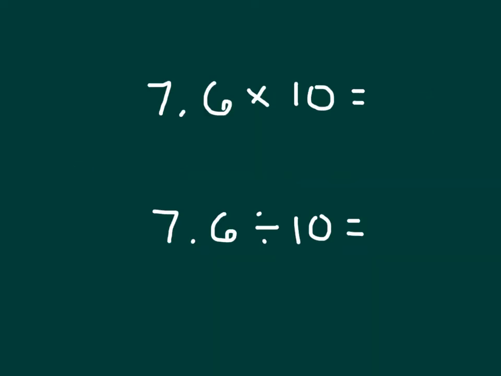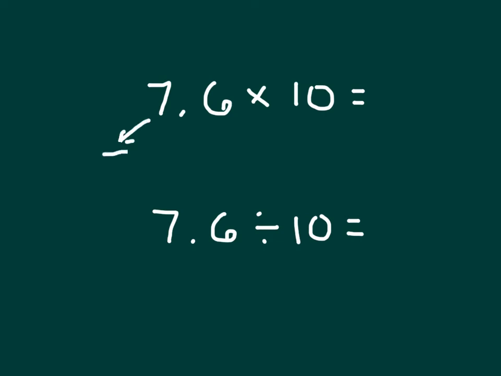Let's look at 2 more problems where we are looking at 7 and 6/10 and multiplying that by 10. And we'll also take that same number and divide it by 10. 7 and 6/10 times 10. Now, if we just had 7 times 10, what would that be? That's right, we shift that 7 over one spot.